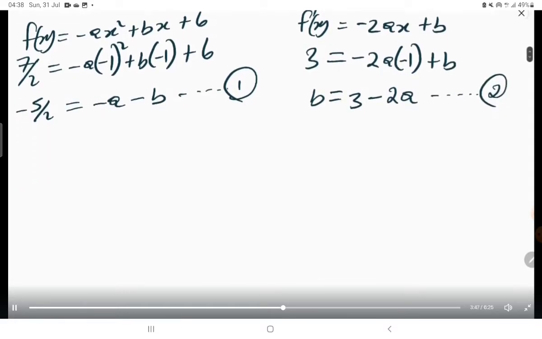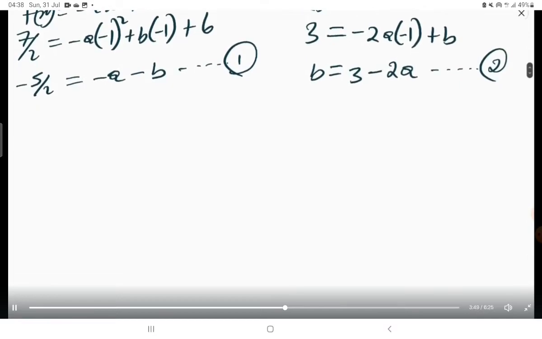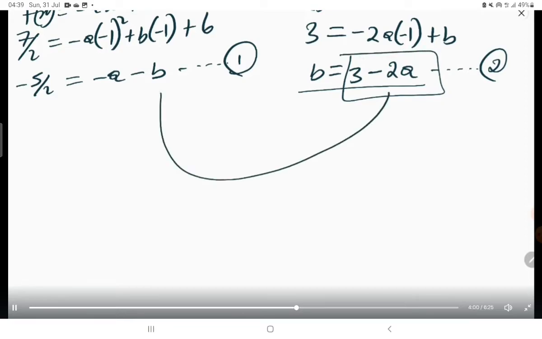Now, after finding these two equations, we can solve simultaneously. This b is already the subject of the formula, so we can substitute straight into the first equation. That means we are going to have negative 5 over 2, which is equal to negative a.